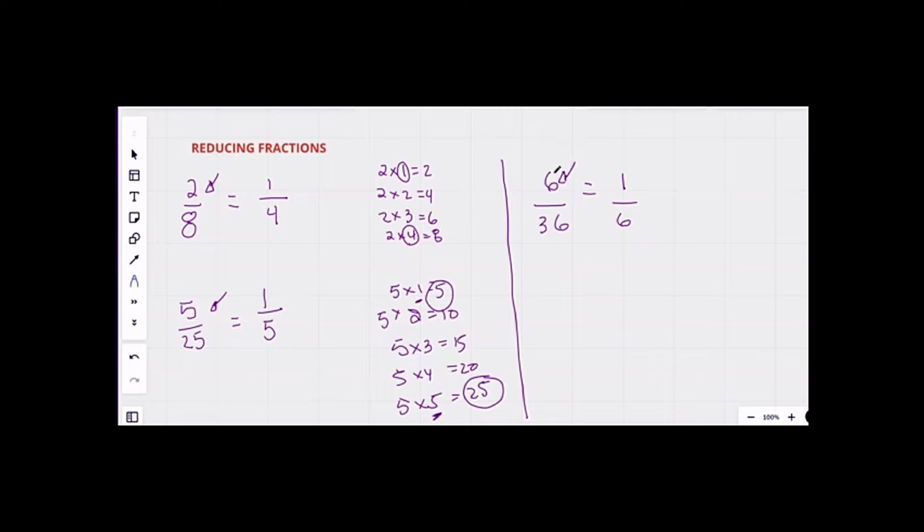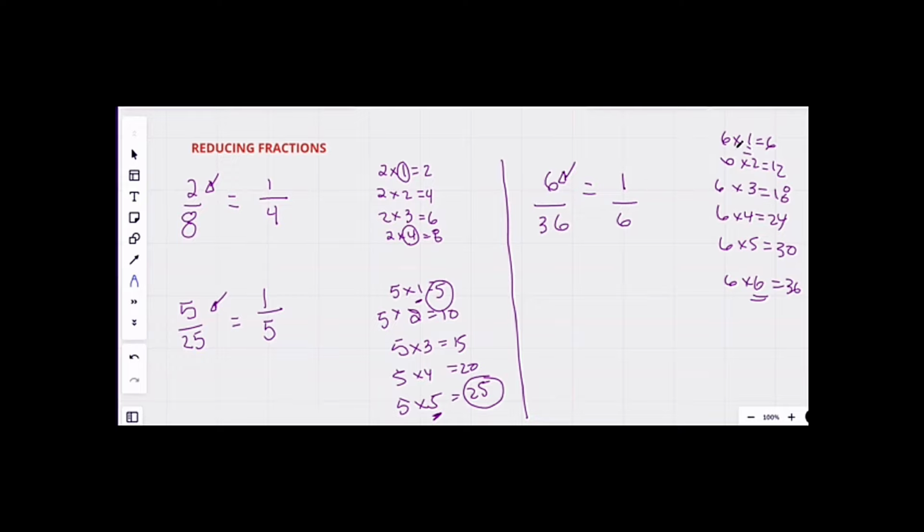Remember, we're using this number right here, the lowest number in the fraction, to do our little test. If we're using our timetables, we know that this is true because 6 times 1 equals 6, 6 times 2 equals 12, 6 times 3 equals 18, 6 times 4 equals 24, 6 times 5 equals 30, and 6 times 6 equals 36, which is the same thing we have here in the fraction.